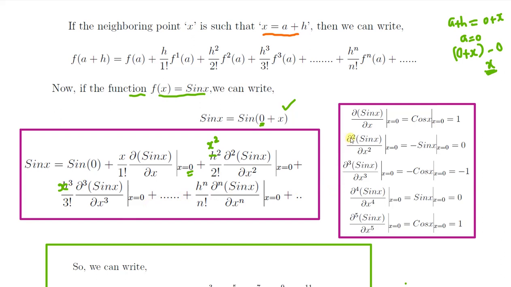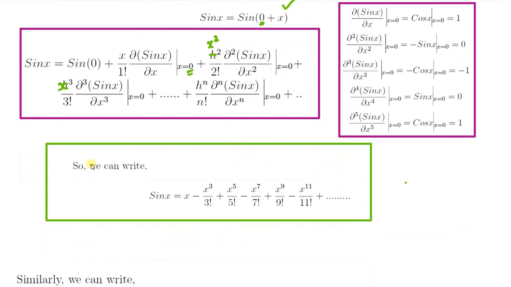Now we have to find the value of dou by dou x of sin x at x is equal to 0. Derivative of sin x is cos x. At x is equal to 0 means cos 0 is equal to 1. So this quantity becomes 1. Sin x is equal to sin 0.